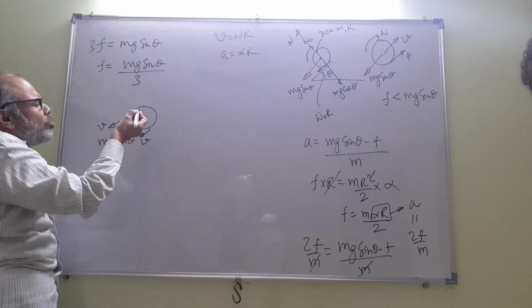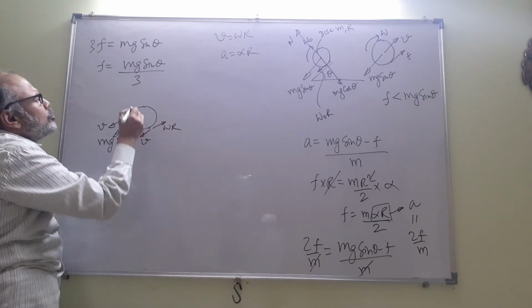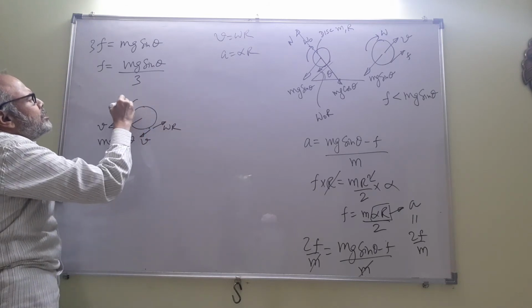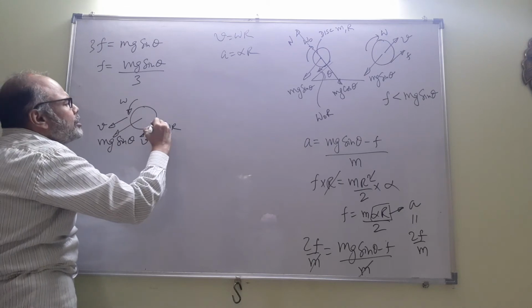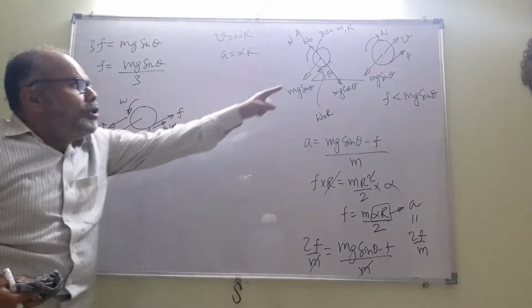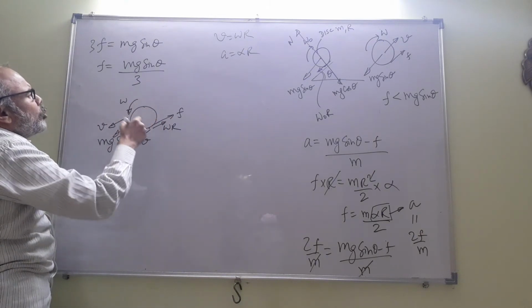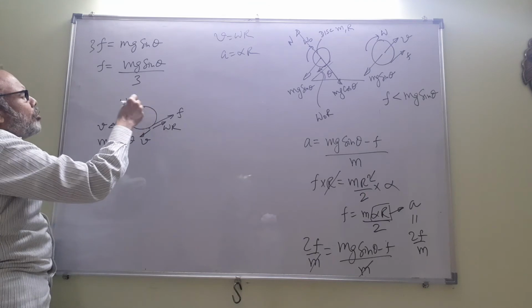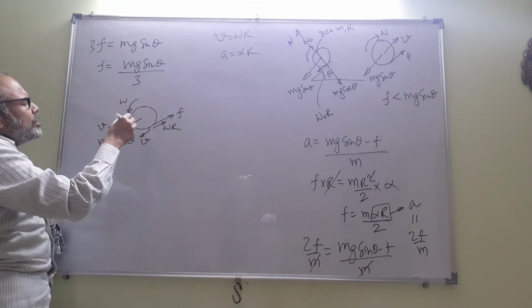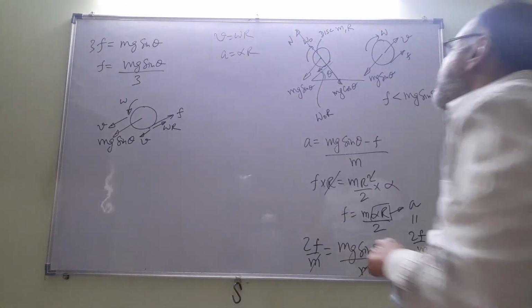Now there must be an omega r for pure rolling in this direction, so omega must be in this direction. So friction must act in the upward direction. Friction will continue to act upward, omega will keep on increasing, v will also keep on increasing, and the body will roll down.